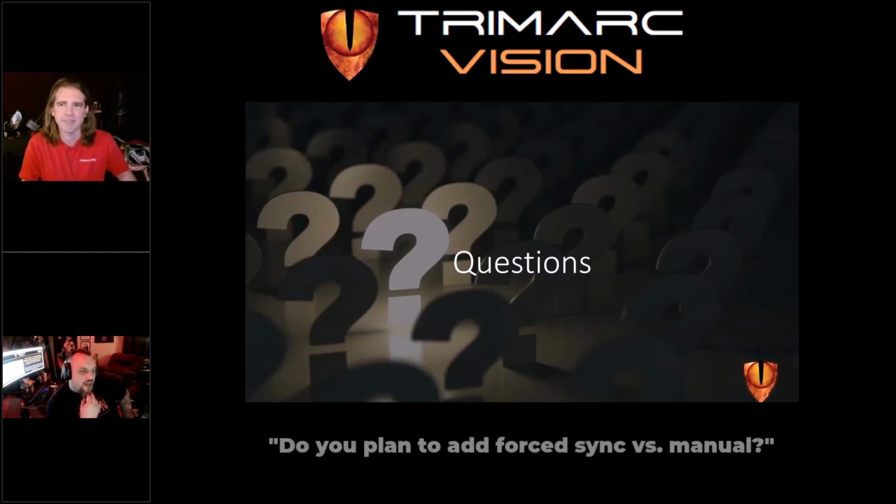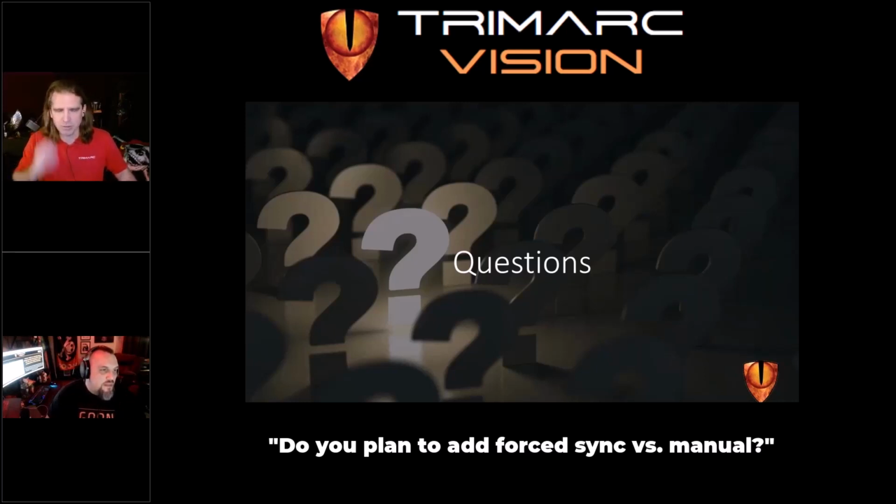Do you have or plan to add force sync or check for agents in the future besides manually doing it? Yeah, actually, that shouldn't be an issue. I don't know about a manual kind of thing where I want to kick it because I want to see what it shows today.